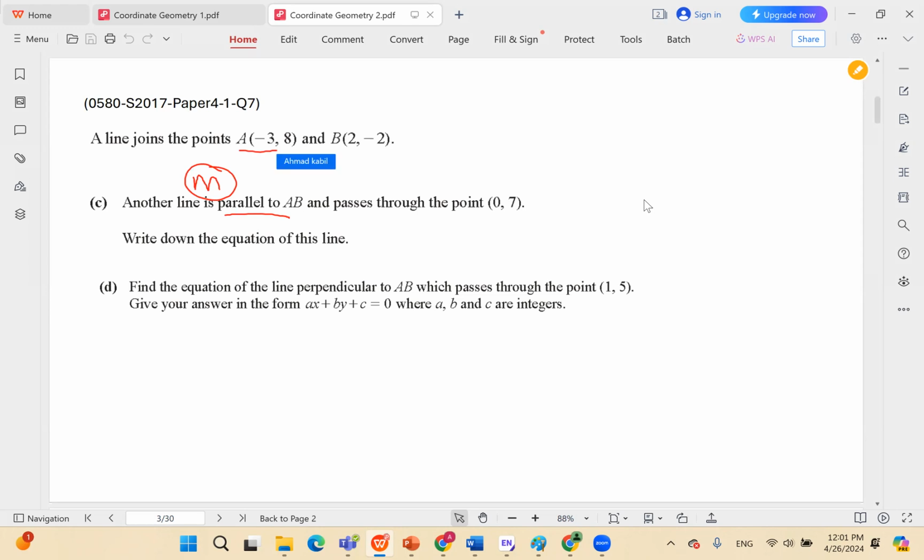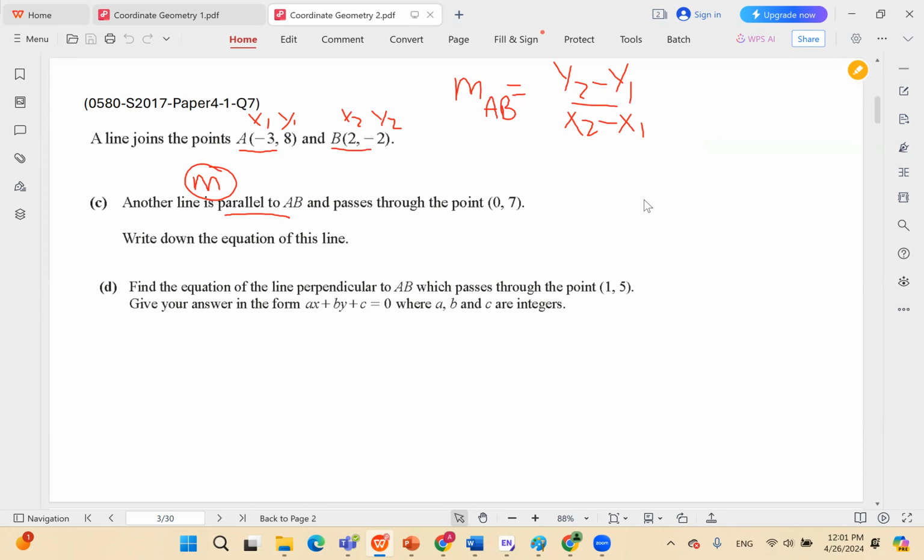So we can get the gradient of AB, m_AB, which is y2 minus y1 over x2 minus x1. So here this is x1, this is y1, x2 and y2. And we can get the gradient by plugging in the points.